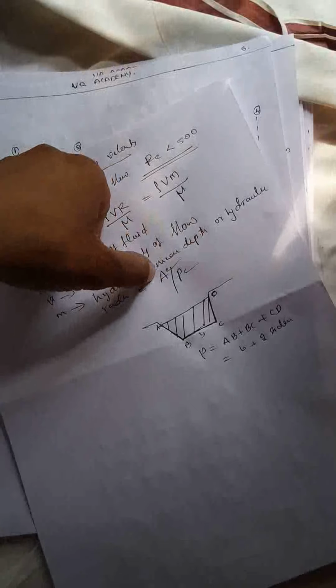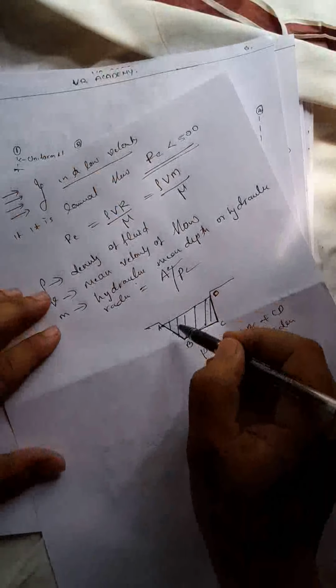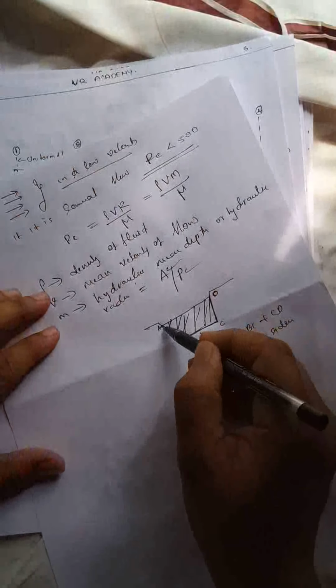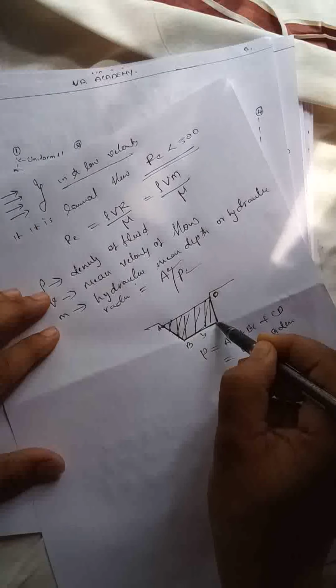So the hydraulic mean depth or hydraulic radius is equal to wetted area divided by wetted perimeter.